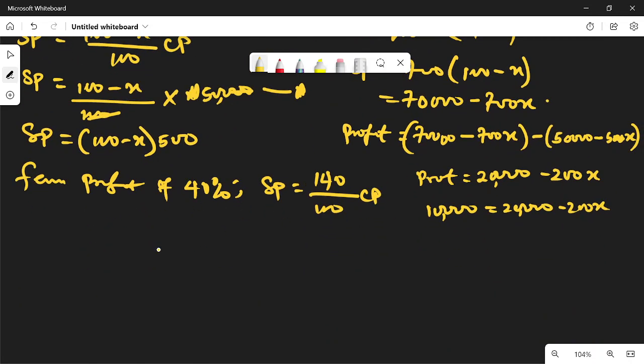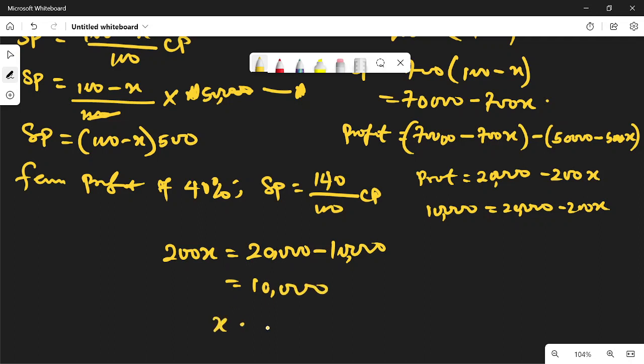So 200x is therefore equal to 20,000 minus 10,000, which gives me 10,000. So x is equal to 10,000 divided by 200. This and this will cancel, so 100 divided by 2 will give us 50.